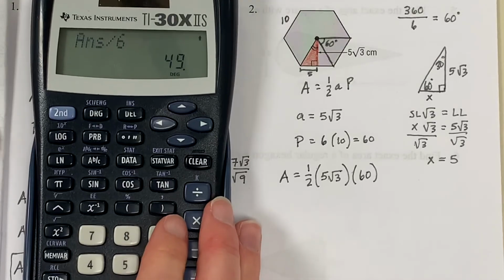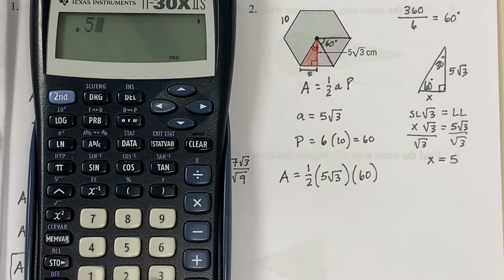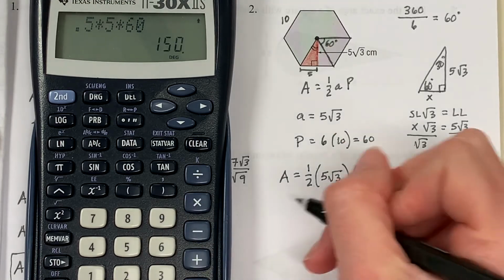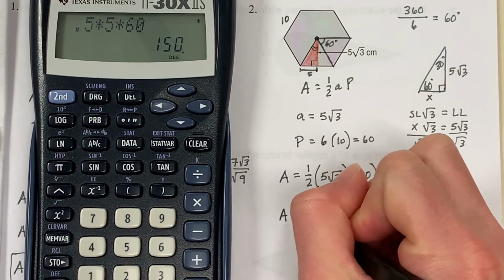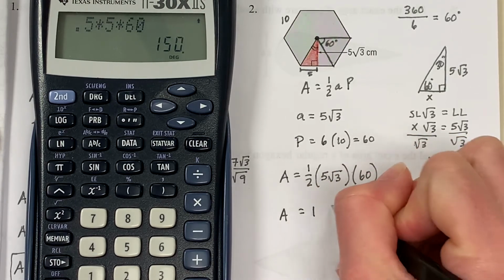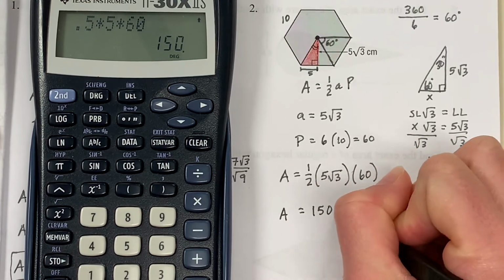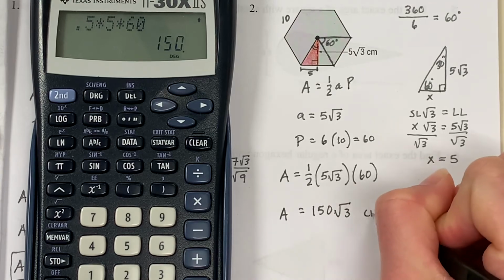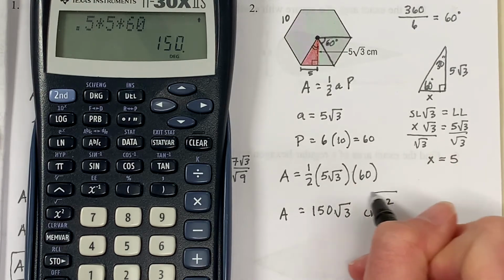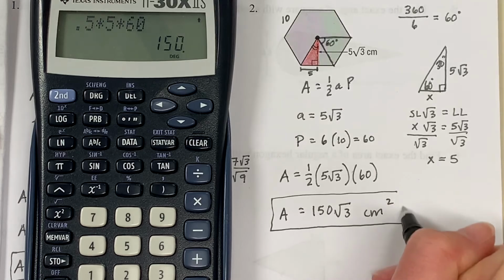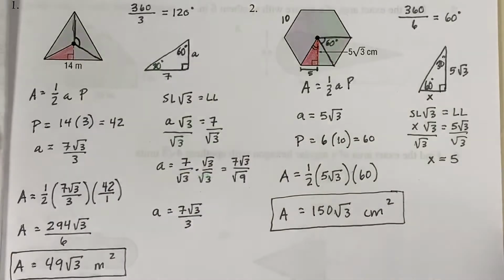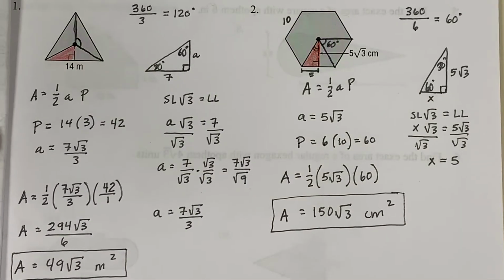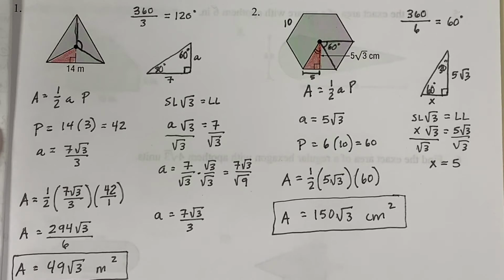So I'm going to take 1/2, or 0.5, times 5 times 60, and I get 150. So the area is 150 radical 3 centimeters squared. Okay, I would like to try one more problem.